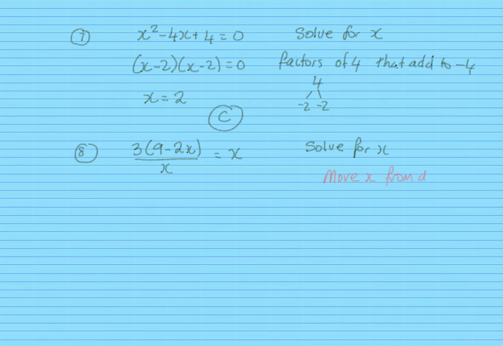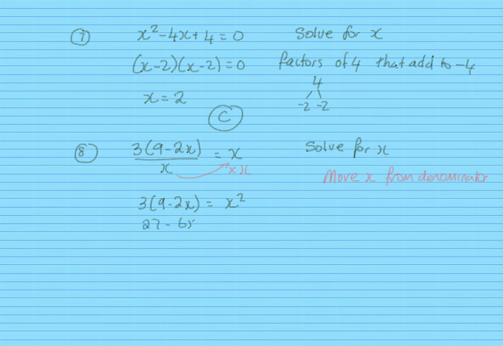So if it's a divide by x, I can move it to the other side of the equal sign by doing the opposite, times by x. And when I do that, I will still have 3(9 minus 2x) equals x squared.